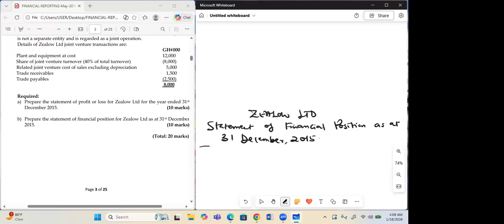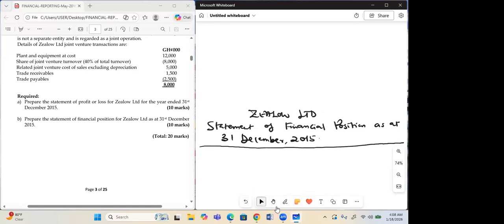Then you underline that one too. So put down your three statements. The statement of financial position should take 2 pages.